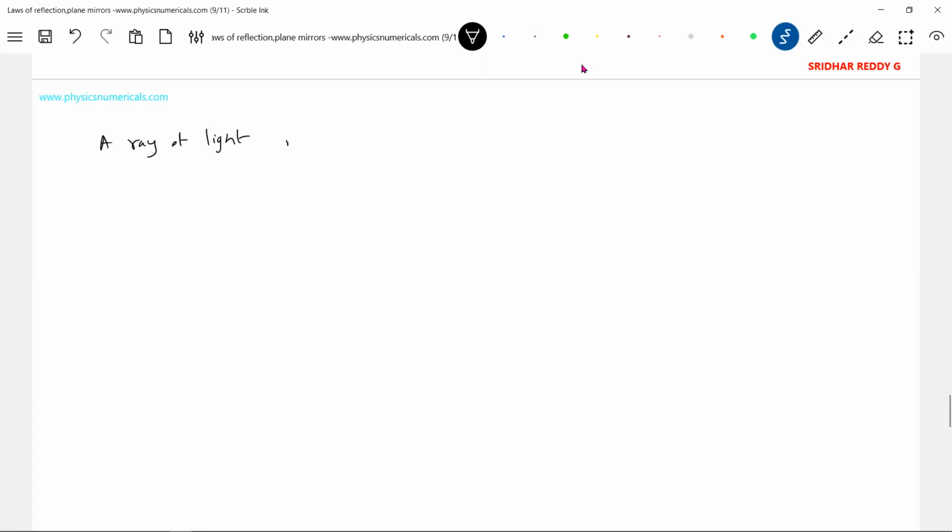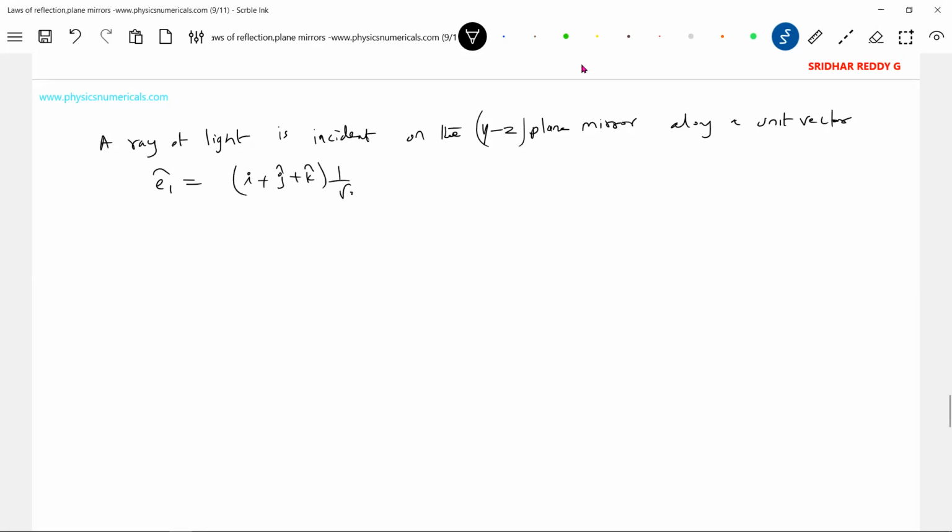A ray of light is incident on the YZ plane mirror along a unit vector E1 cap equal to I plus J plus K by root 3.